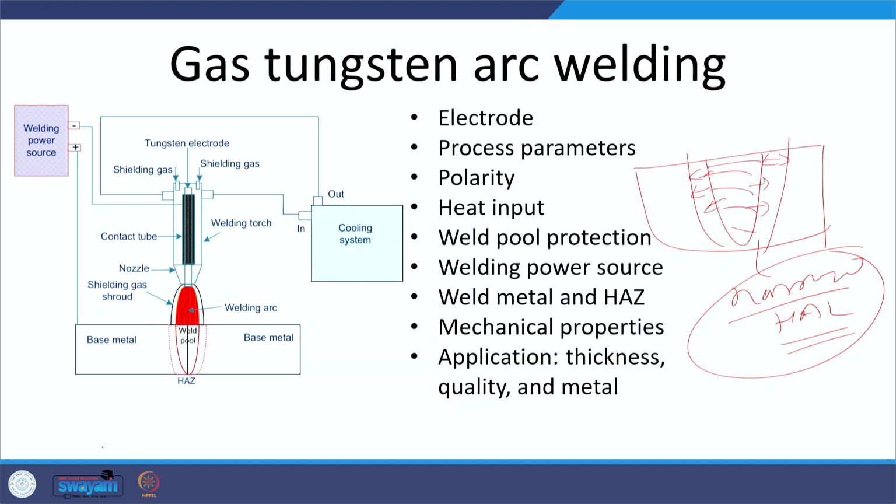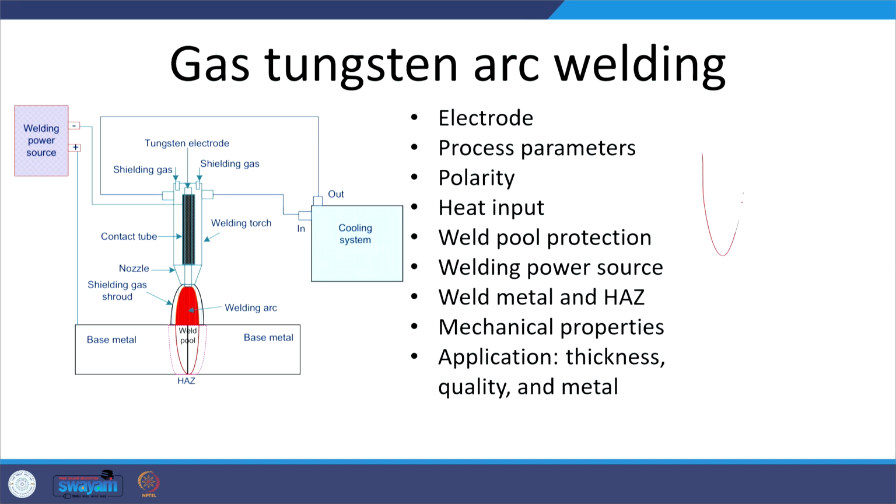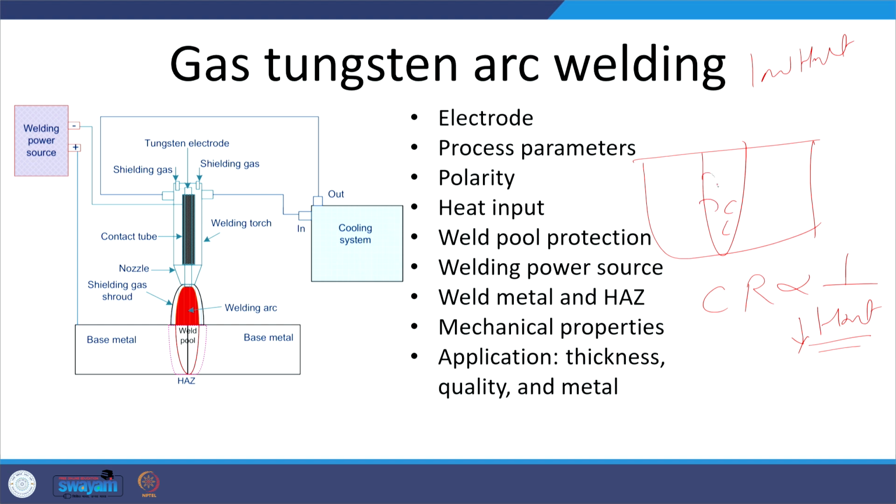Another interesting aspect here is that the weld is developed using very low heat input. When our heat input is low, the cooling rate is inversely proportional to the net heat input. If heat input is very low, then our cooling rate will be very high. A high cooling rate may be desirable or undesirable, depending on the kind of metal system.